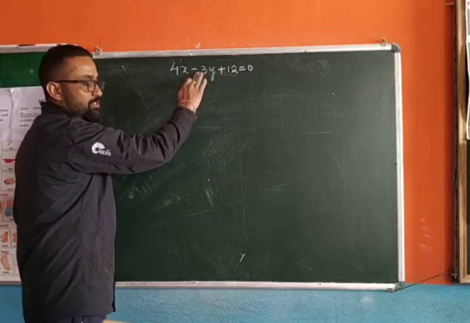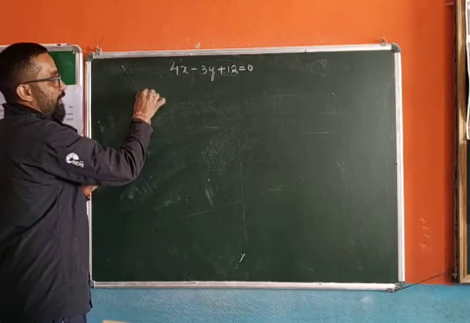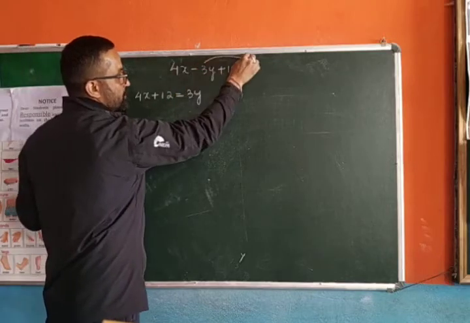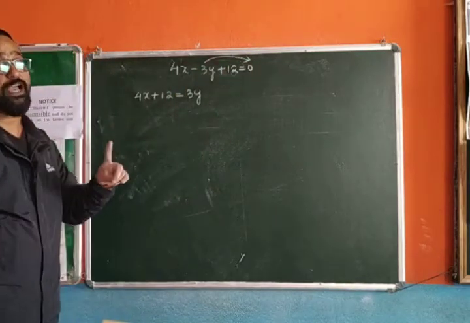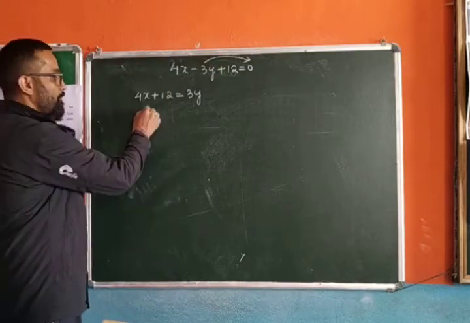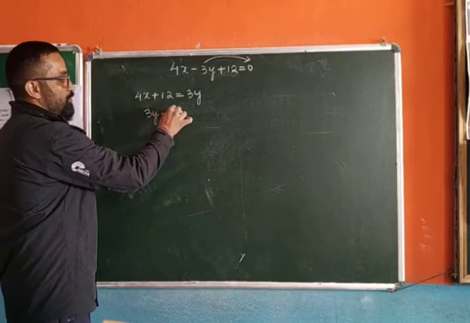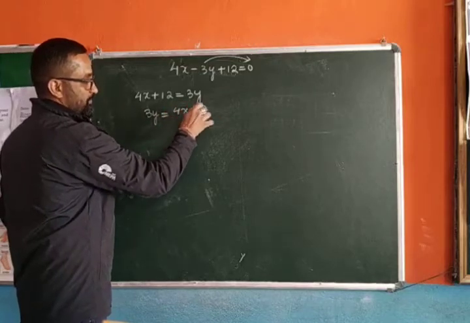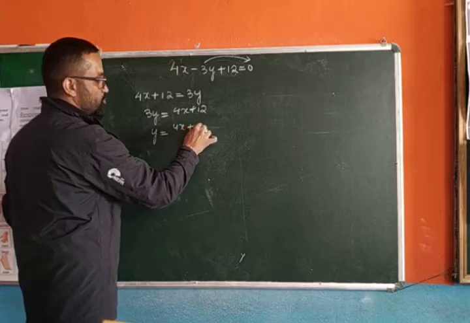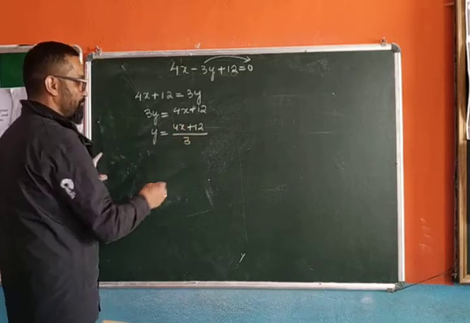y is minus here. So 4x plus 12 is equal to 3y. Take it to the other side so that you get a positive value. You should always have positive y. 3y is equal to 4x plus 12. Interchanging, y the subject of the formula: (4x plus 12) divided by 3.